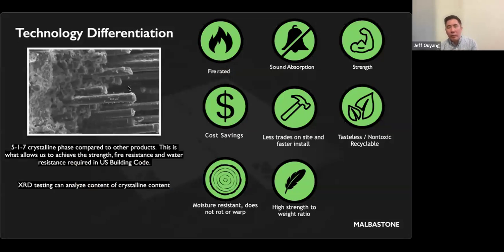If you're interested, reach out to me and we can talk about it. But for magnesium sulfate, what you're really looking for is the 517 phase. And for magnesium chloride boards, you're looking for the 318 phase. That's what gives magnesium oxide the properties it has.